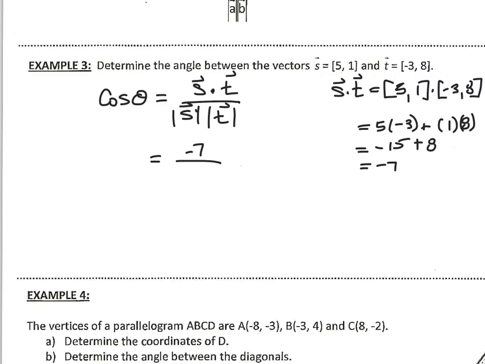Finding the magnitude of each vector should be pretty straightforward now. The magnitude of s is the square root of 5 squared plus 1 squared, so it gives us the square root of 26.